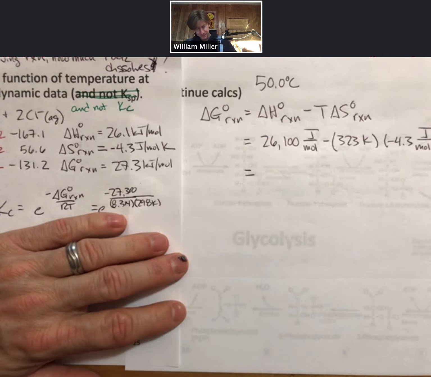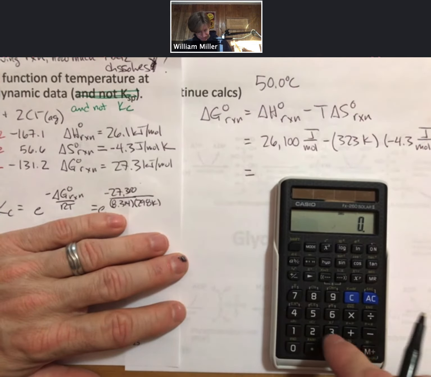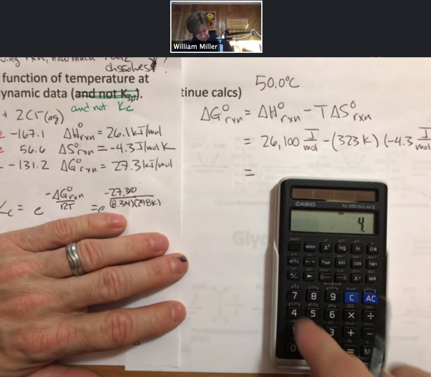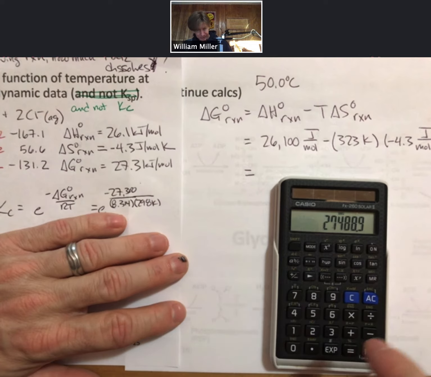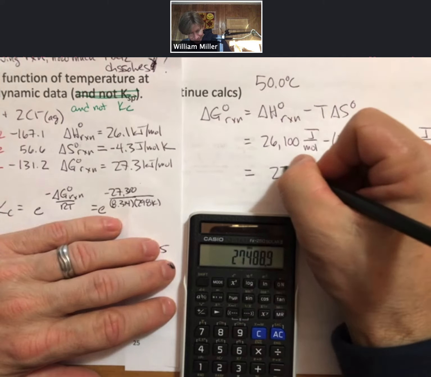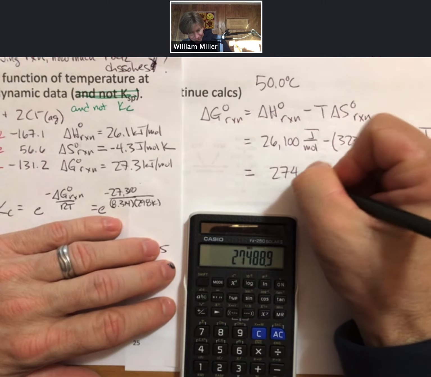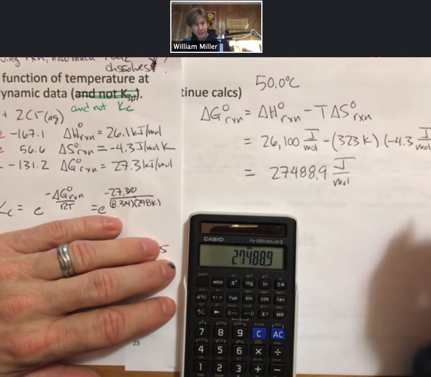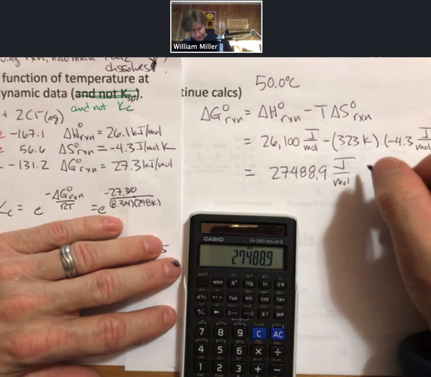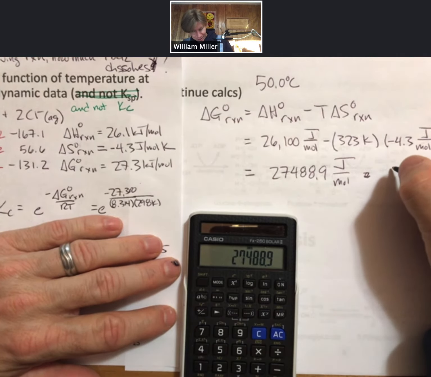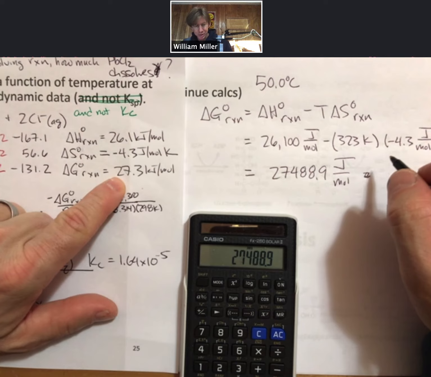Multiply that out. I get 27,488.9 joules per mole. So, and we'll round that to 3 sig figs, although that's very close to what we had before.